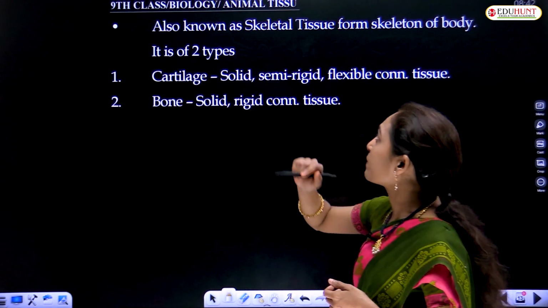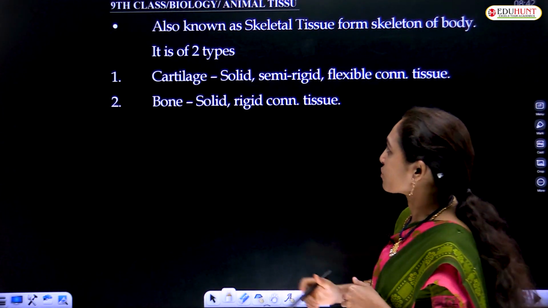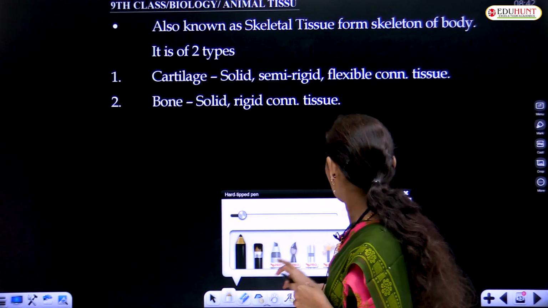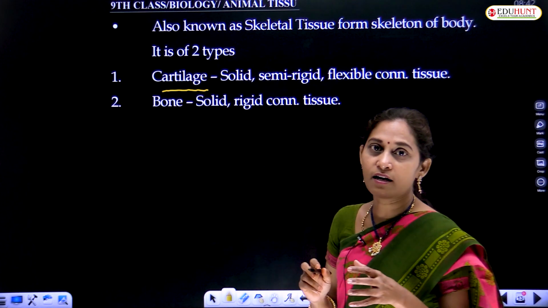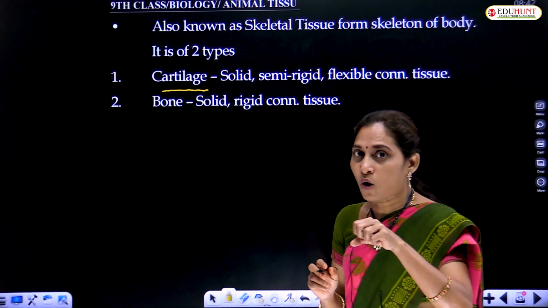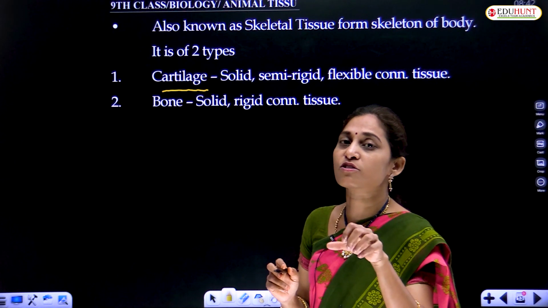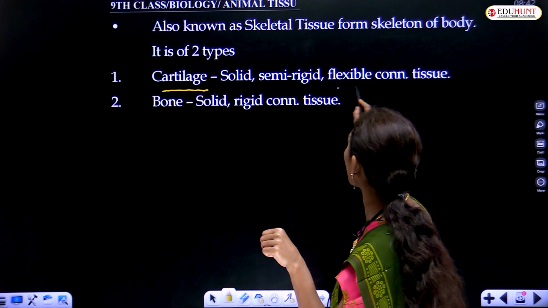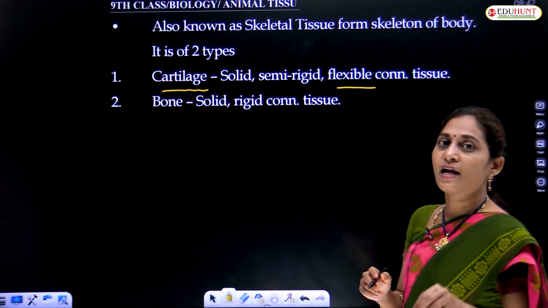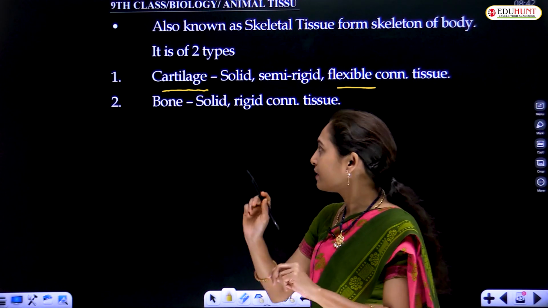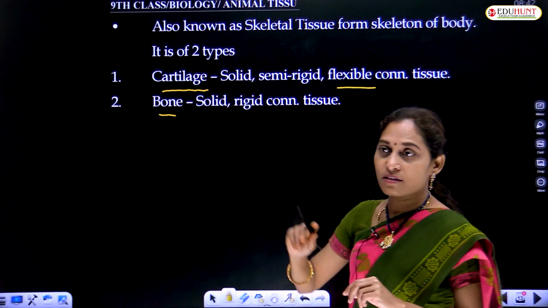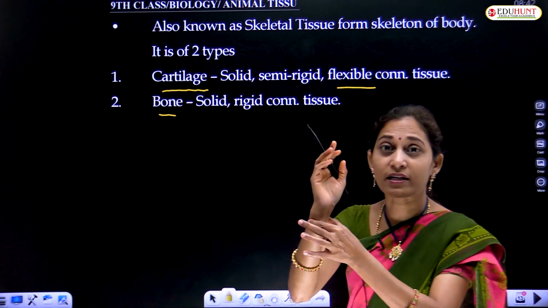There are two types of skeletal tissues. One is the cartilage and the second one is the bone. Cartilage is a solid. Though it is a solid, it is soft solid. It is flexible and it is soft solid or semi-rigid in nature. Whereas the bone, మనకు తెలుసు కదా bones ఎంత గట్టిగా ఉంటాయో.